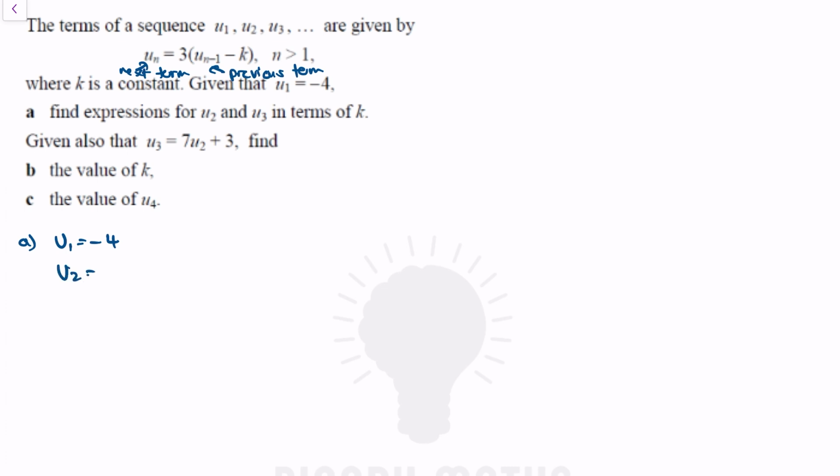So u2 will be 3 times u1 take away k, which is equal to 3 times negative 4 take away k, which is equal to negative 12 take away 3k.